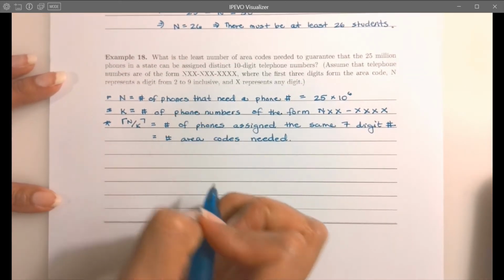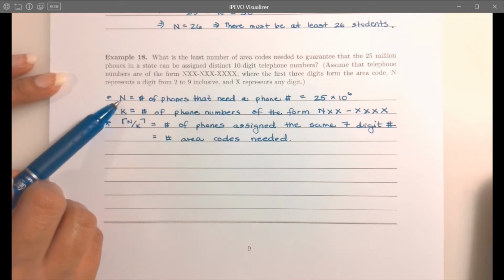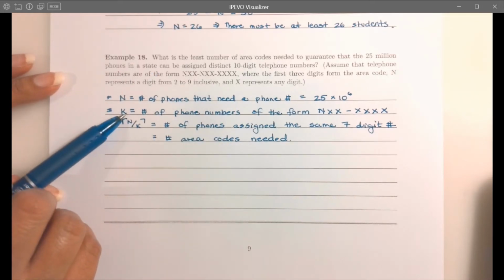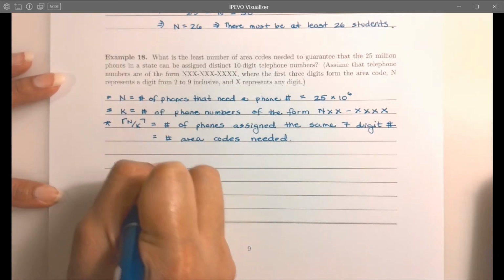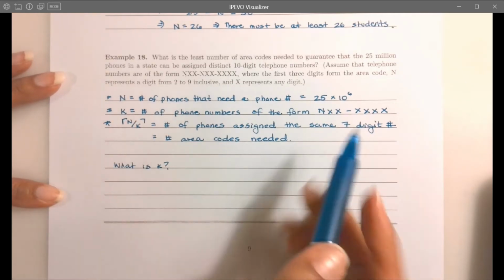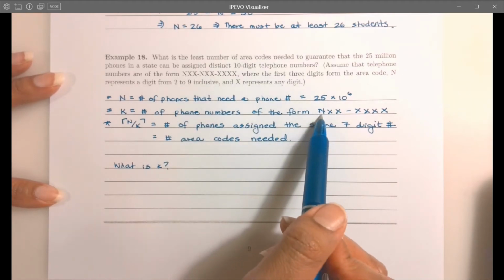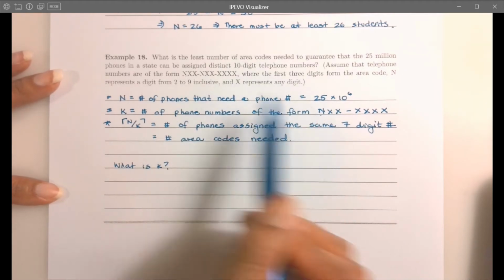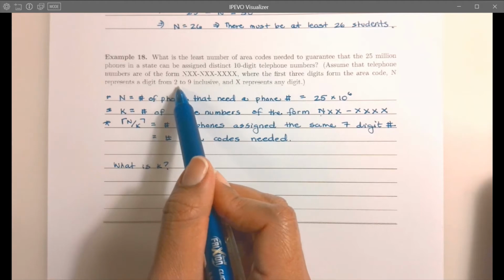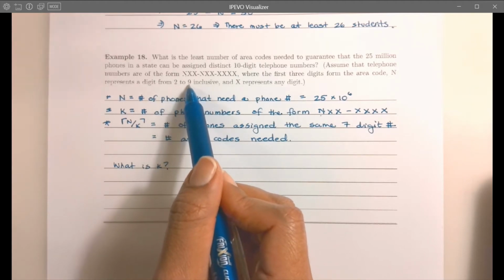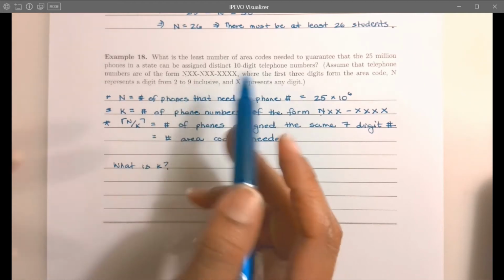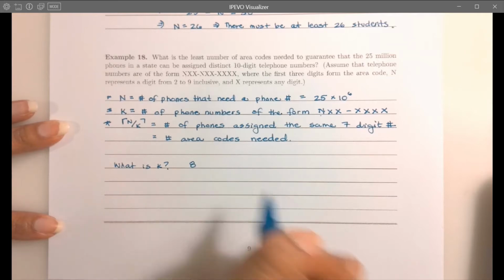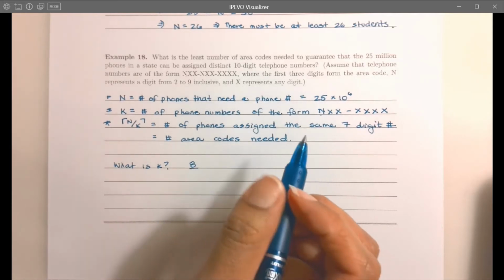All right, so we already have n. We just need to find out what is k. So what is k? Well, n is of the form that can have a digit 2, 3, all the way through 9. So essentially, it could have 8 different digits. So there are 8 possibilities for the first digit.